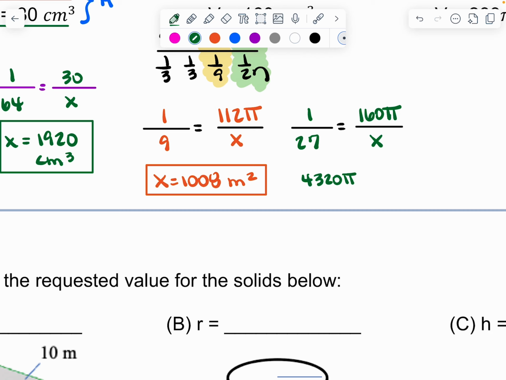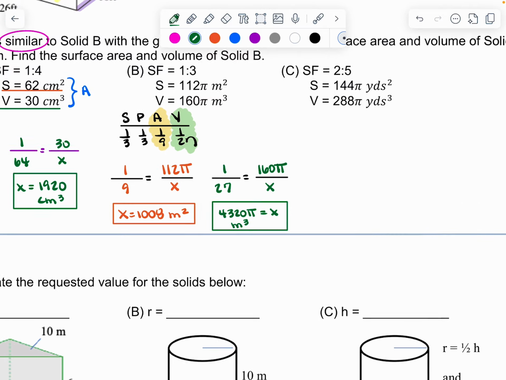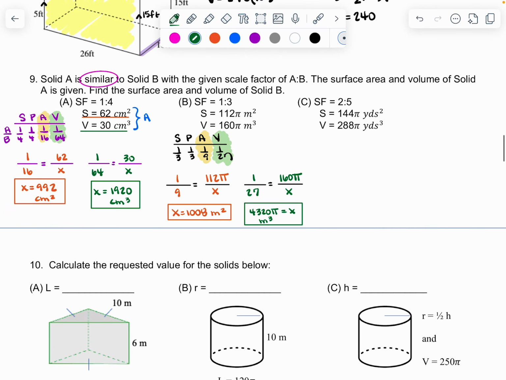So clearly we are just going to multiply 160 by 27, which gives us 4320 pi cubic meters. Now, obviously, all of those proportions are quite simple because our numerators are 1, right? So we didn't have to do a whole lot there.